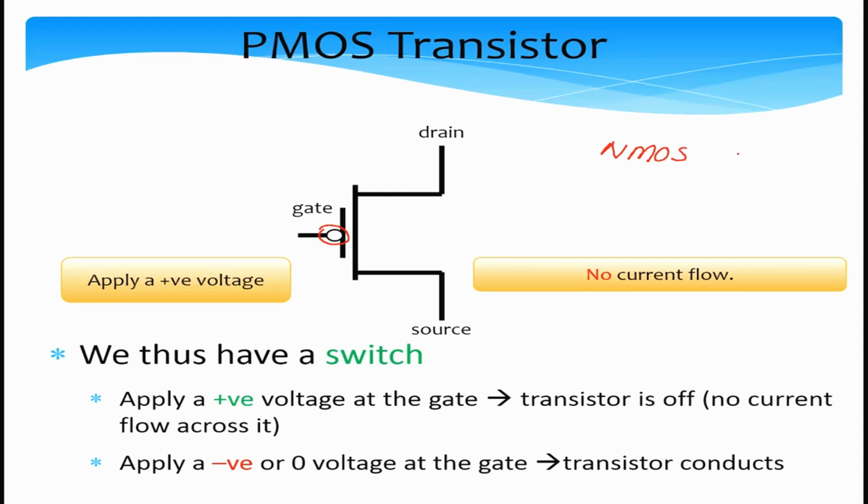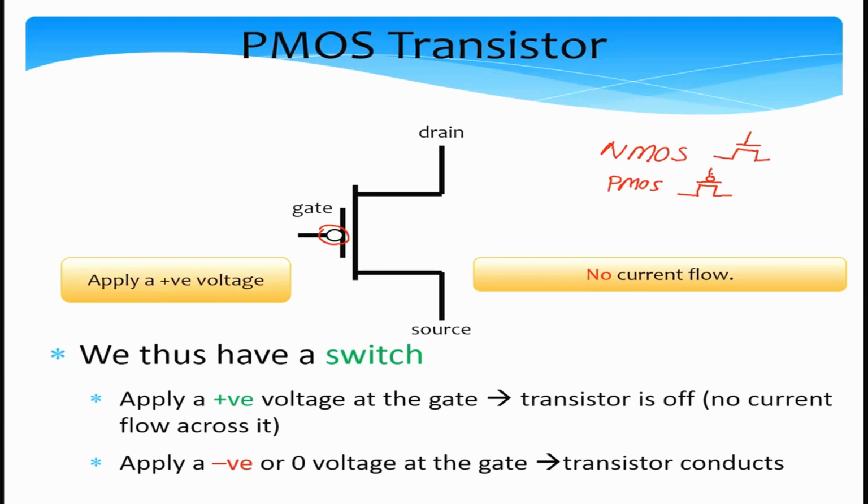The NMOS transistor, whose symbol is like this, is basically controlled by the voltage at the gate. If it's positive, current flows, otherwise it doesn't flow. And the PMOS transistor, the symbol is more or less the same. It's just that we have a circle over here. So it has a reverse operation.